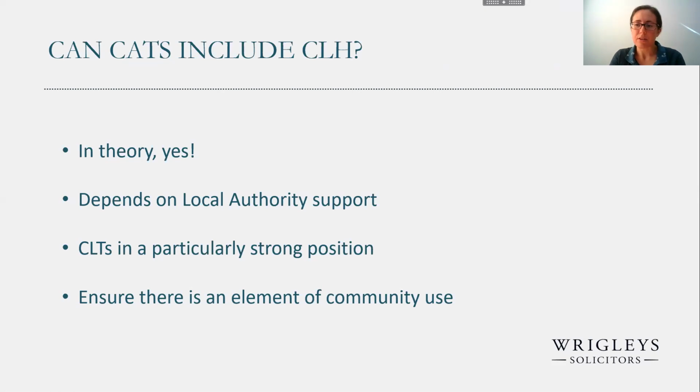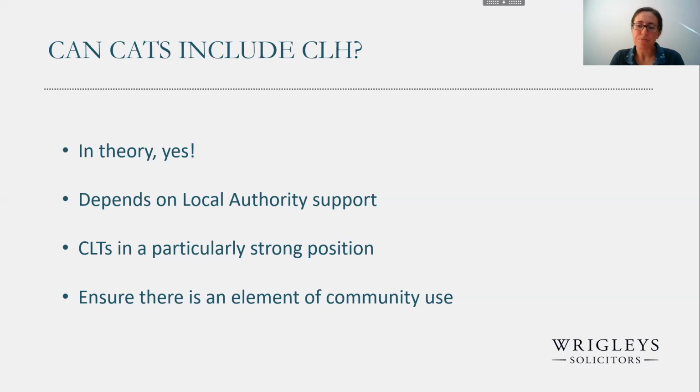I would say that groups that are structured as community land trusts would have a particular advantage in justifying a CAT transfer. The statutory definition of a CLT includes a requirement that it's established for the express purpose of furthering the social, economic and environmental interests of the local community.